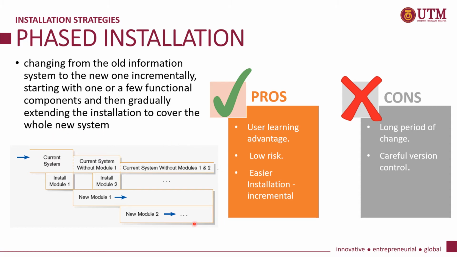As you can see in this figure, the current system is operating without module 1 because a new module 1 is installed, and then after a certain time the current system will be operating without module 1 and 2 because already new module 1 is installed and then a new module 2 is installed.